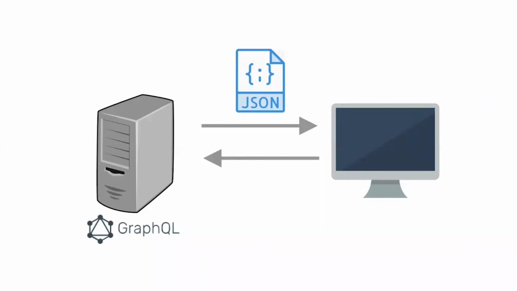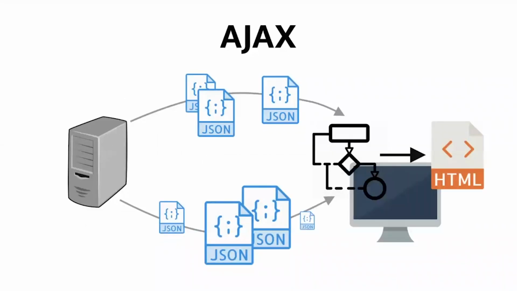And to communicate with the server with those separate entities, the server must have some kind of API, which in turn can be presented in a different way, like REST API, SOAP API, or GraphQL. And the method of communicating with the server with those separate entities is called AJAX.